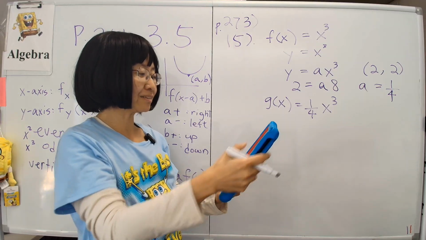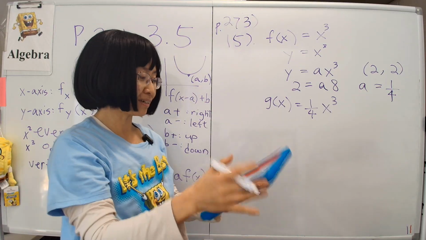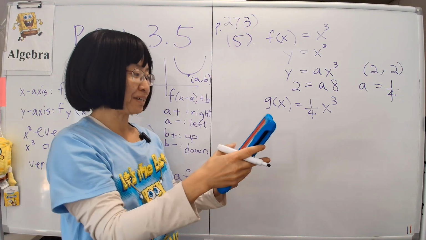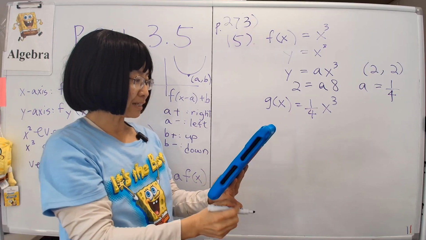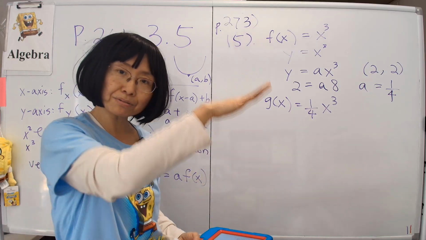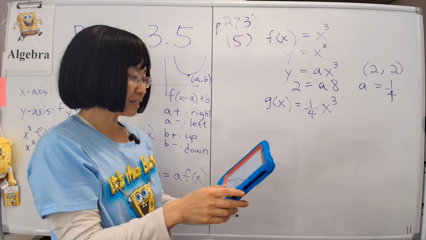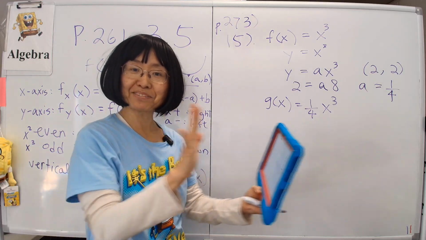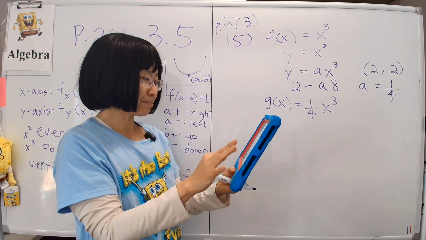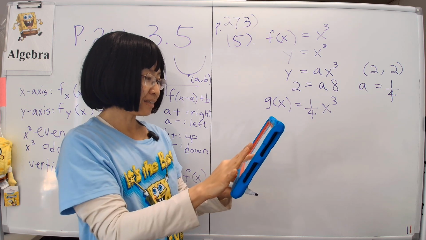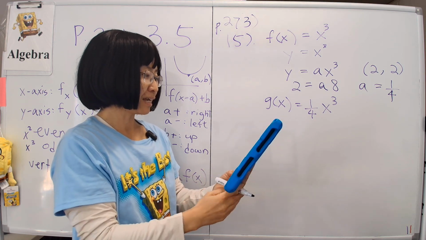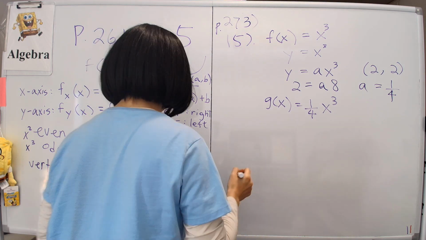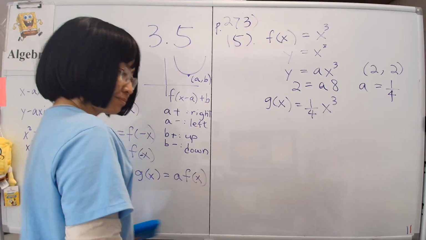So this is a compressed function from what it was. And so that's that. These are vertical compressions that we've been talking about. Next we're going to talk about horizontal compressions, okay? How functions can move in this direction.